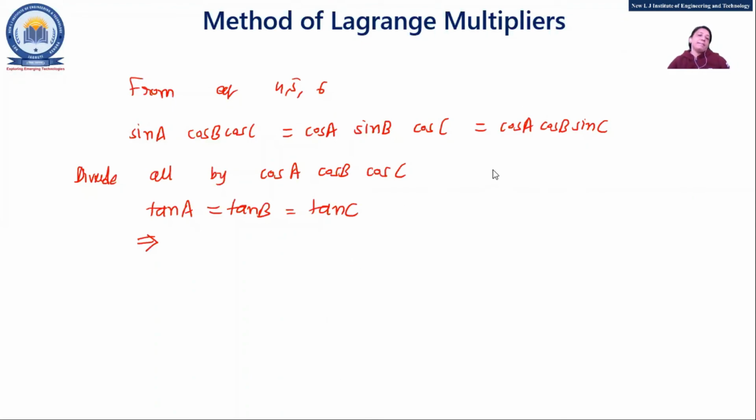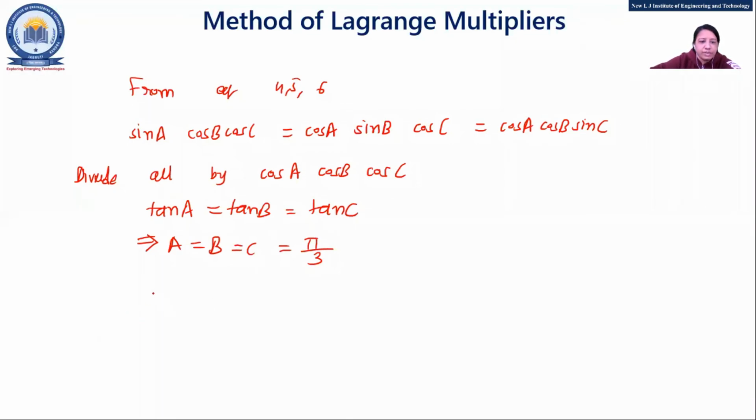Because we know that A plus B plus C is 180. So what is the value of A, B and C? Tan A, tan B and tan C will be equal. Some are writing pi by 3. Yes, all are the same: 60, 60, 60. So we can write A equal to B equal to C equal to pi by 3, because they are angles.